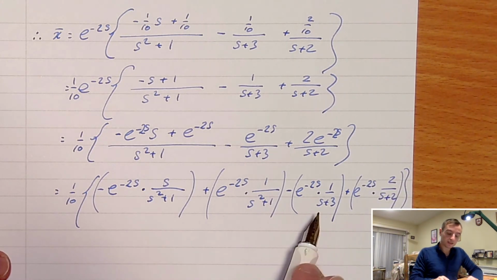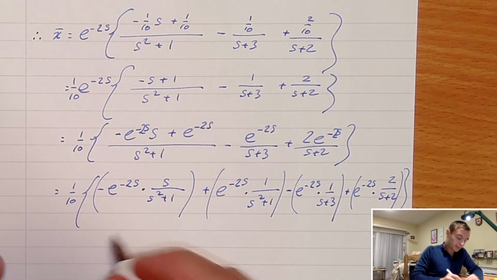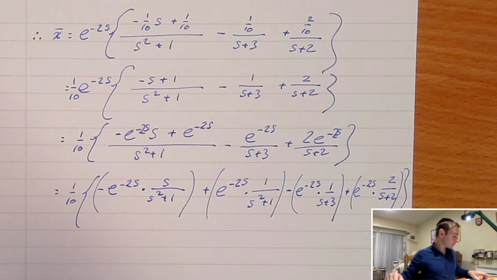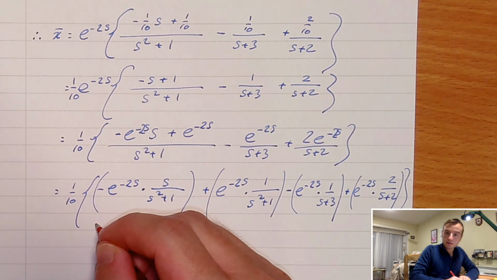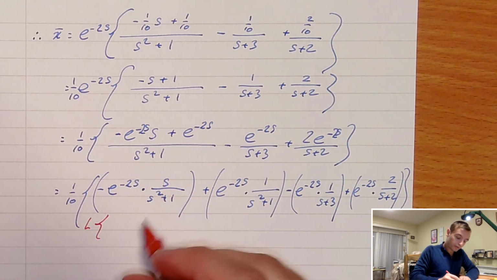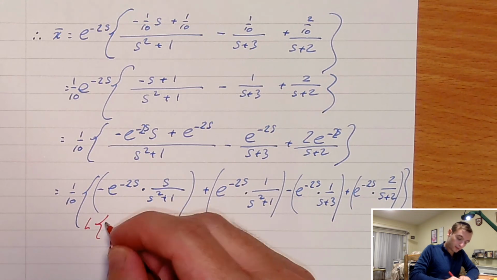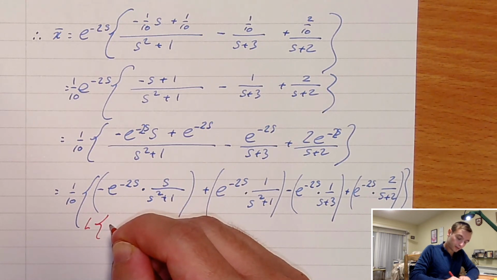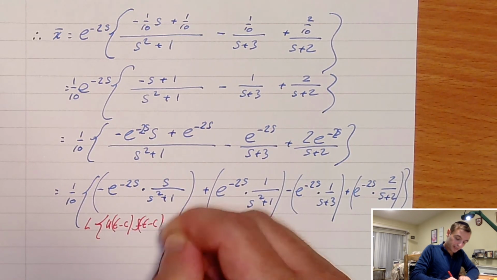And now this is starting to look a little bit more friendly. So if we were just to state the second shift theorem again, so we've got it over here, we can say the Laplace transform of u(t minus c) f(t minus c) equals e to the minus cs F(s), for the forward transform of f(t) equals F(s).